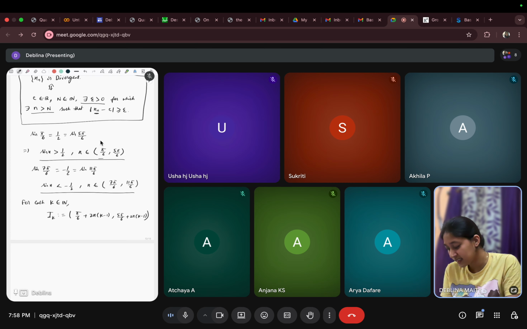When x belongs to this Ik, then sin x is greater than half.